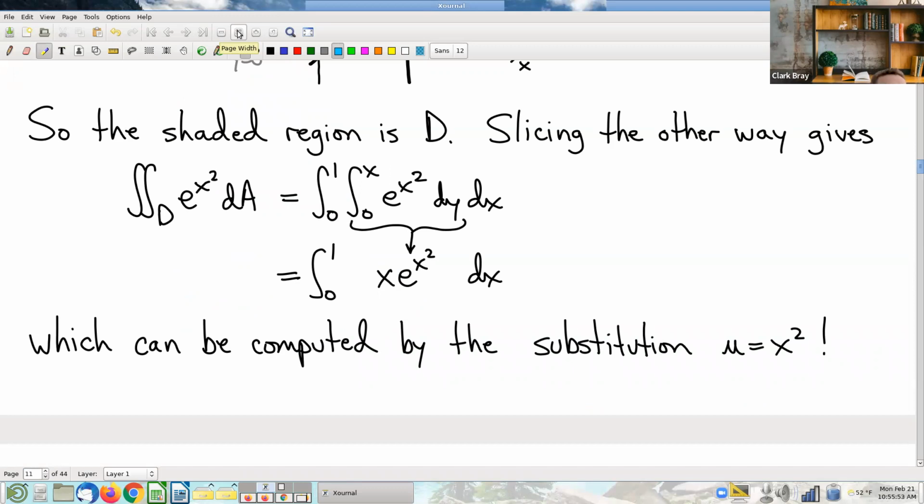But this is a good opportunity to remind everybody that Calc 2 is a prerequisite of this course. I'm going to assume that you're strong with pretty much all of the integration methods. Integration by parts and u substitutions are the two big ones, but don't forget trig integrals and half angle formulas and stuff like that.